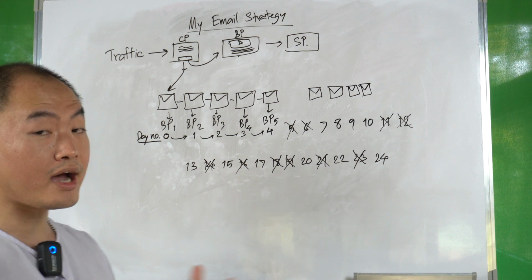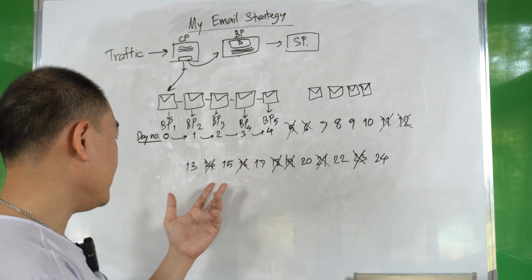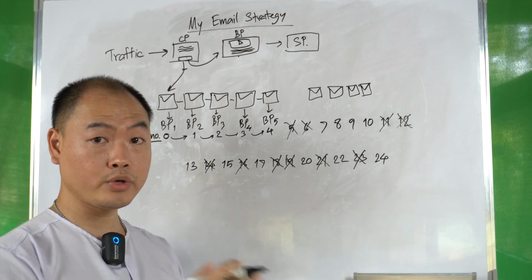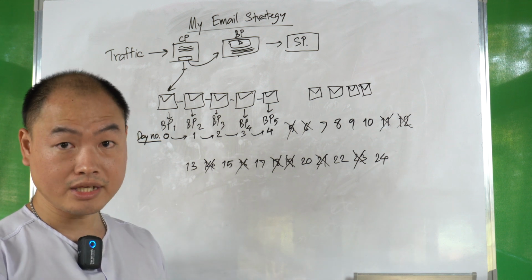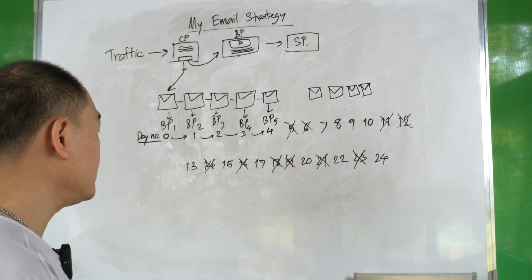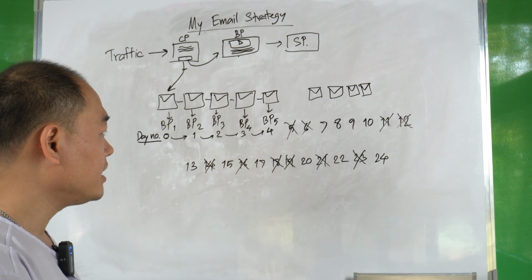So it's more like every other day. In terms of 1 week, you're going to be sending about 3 emails to your leads in order to keep in touch with them.